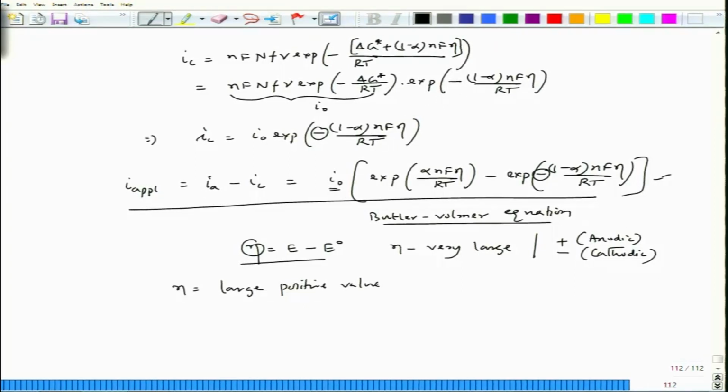Then, if we consider this particular part, we can ignore this term, because there is a negative sign and this value is very high.